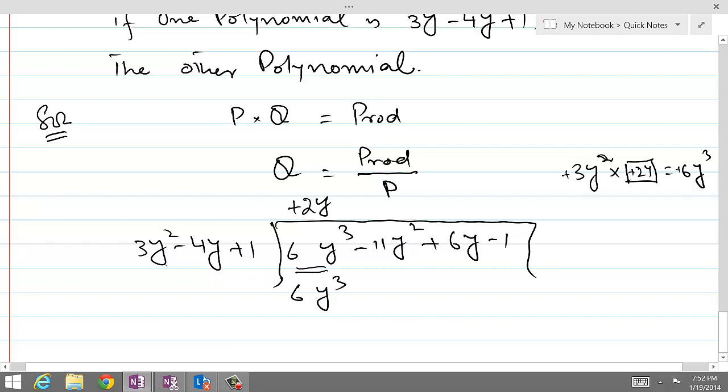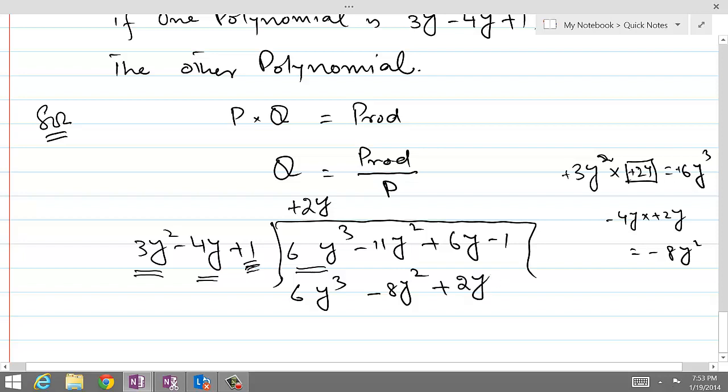But whatever we multiplied 3y square with, we have to multiply minus 4y and plus 1 both with the same number. So minus 4y times plus 2y should give us minus 8y squared. So that would be written under the term which involves y squared, and then plus 1 should also be multiplied with plus 2y, that would give us plus 2y.